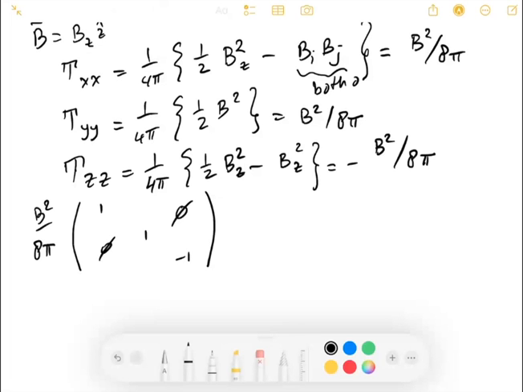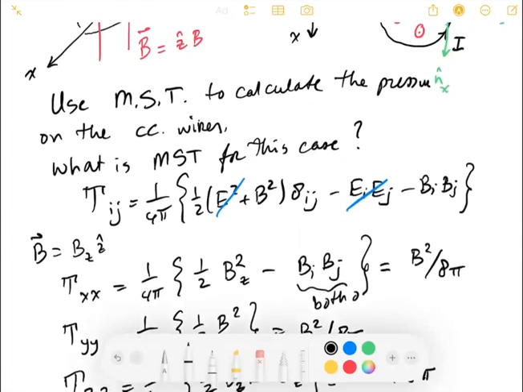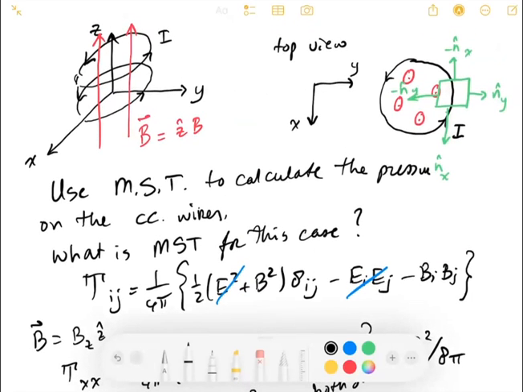Now let's go back to our Gaussian green box. What we're looking for is an evaluation of what happens to the stress tensor as we evaluate the different sides, where they are seeing a difference in the stress tensor.